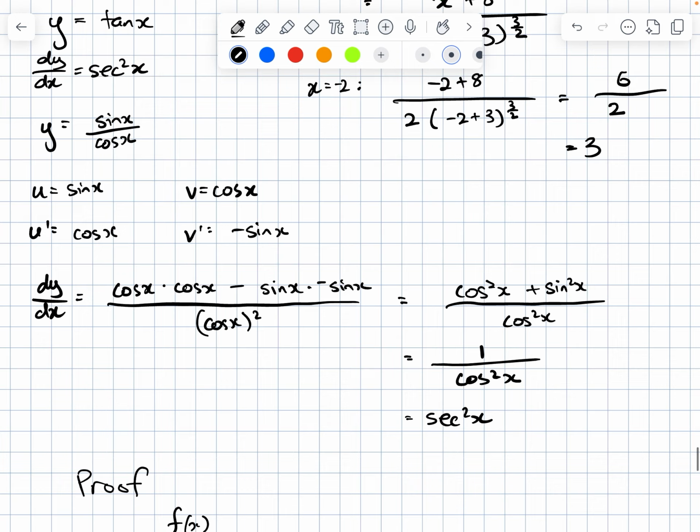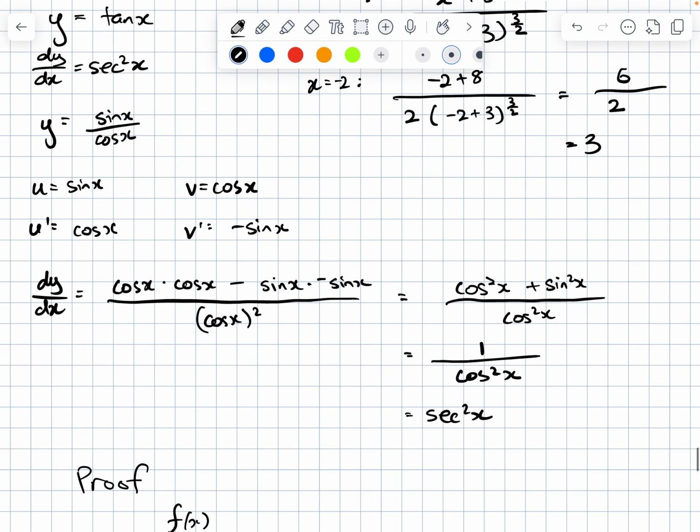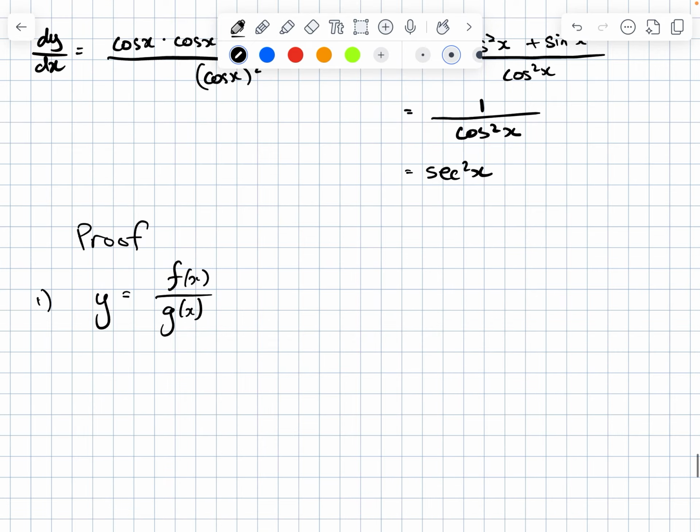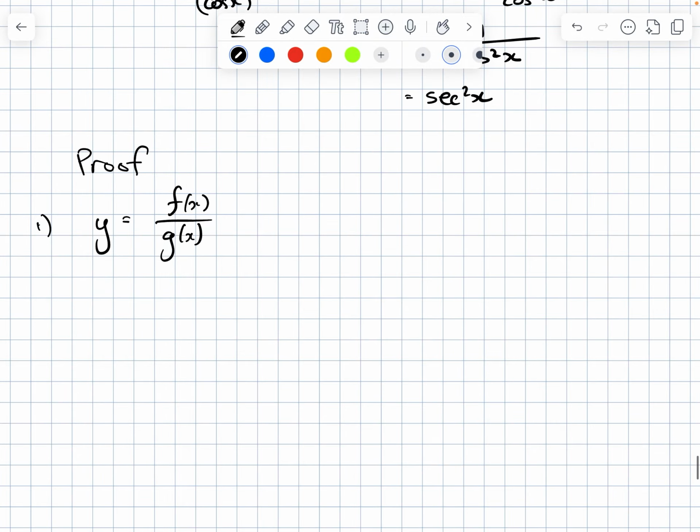I'm now going to show the proofs for the quotient rule using two methods. One is going to be using the product rule, and another is using differentiation from first principles. Using the product rule, if we have y equals a function of x over a function g, that means that this is also the same as a function of x times the inverse of g by bringing it to the top of the fraction, which is a product.